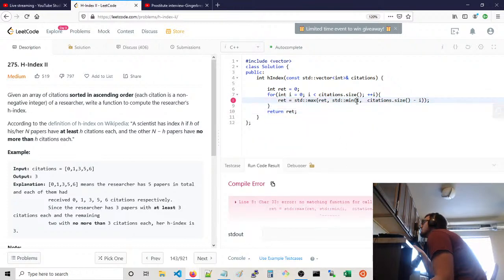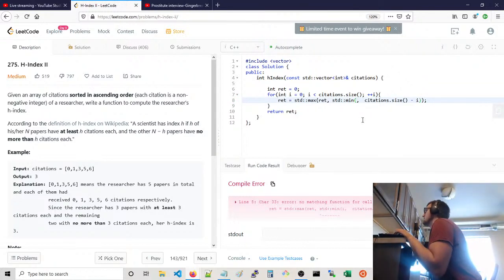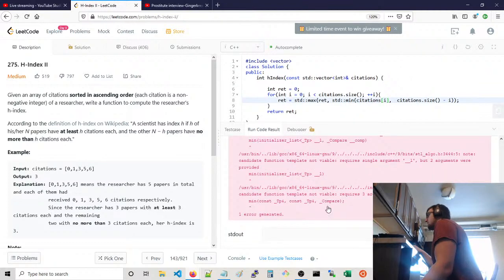Wait, what? Oh, so it's not i, it's citations of i, the value there. What's going on here?